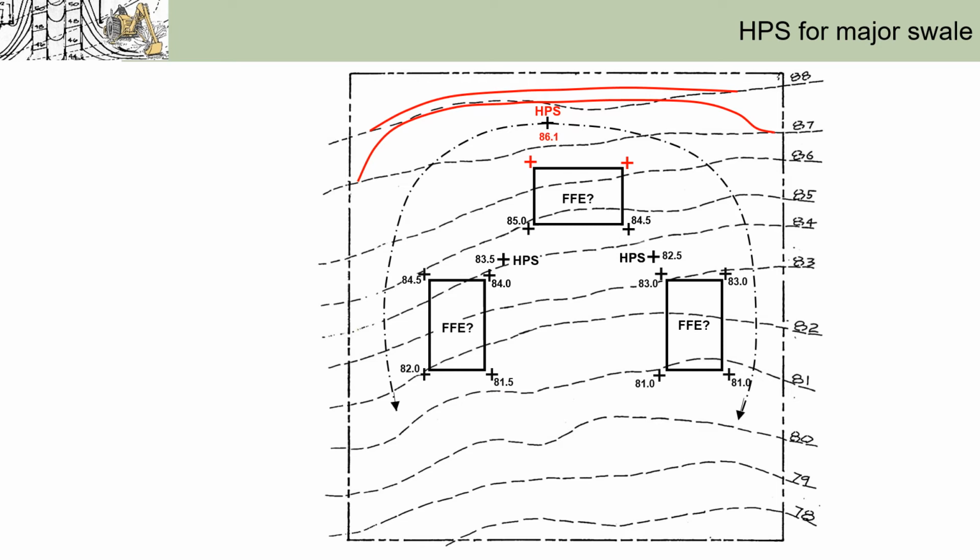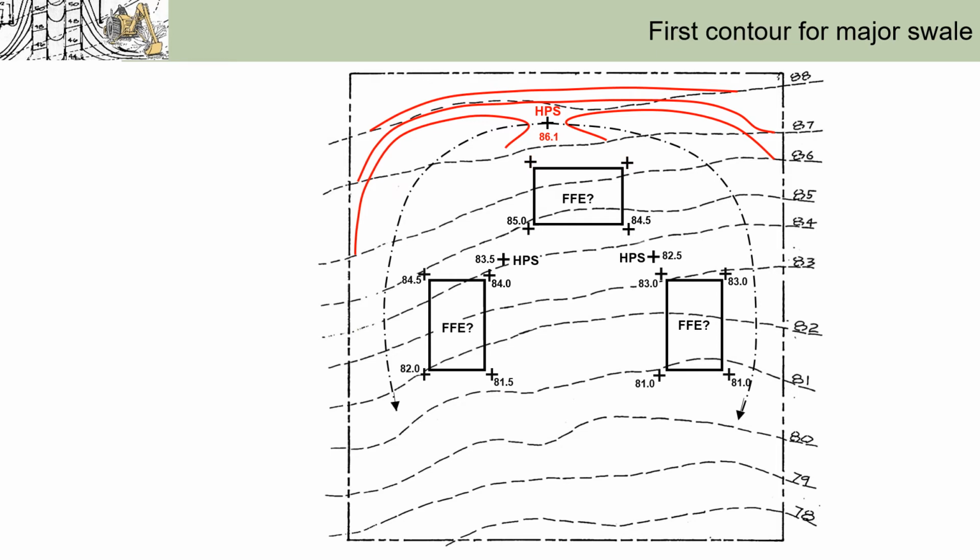So we could set the HPS slightly above 86 as 86.1, and then we could try to sketch out the 86 contour like this. We don't know how to finish the 86 yet because we haven't set these two upper corners for the upper building yet. So we don't know where the contour will attach to the walls of the upper building.